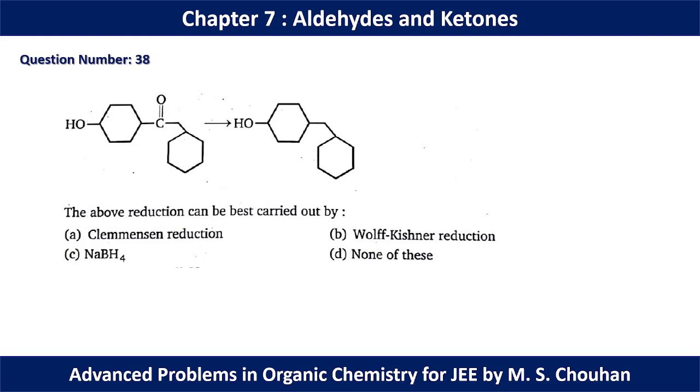If you check in this molecule, we have total 6 plus 6 plus 2, that is 14 carbons, and in this case we have 6 plus 6 plus 1, 13 carbons. So Clemmensen reduction can reduce the C double bond O, but it cannot reduce the number of carbons. Wolff-Kishner reduction also cannot reduce the number of carbons. Sodium borohydride also cannot reduce the number of carbons. So none of these A, B, C are perfect for this kind of reaction. So for question number 38, option D should be the correct option.